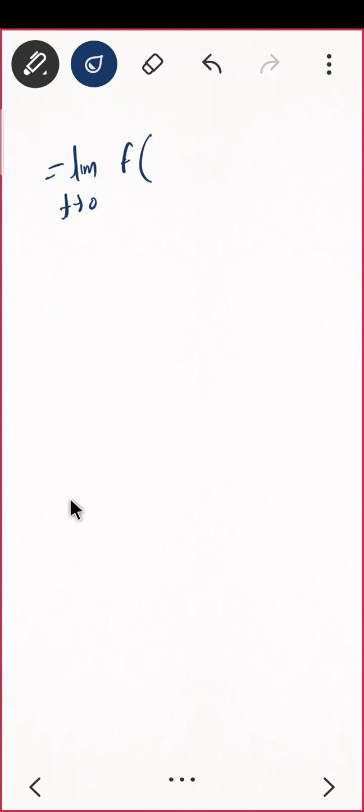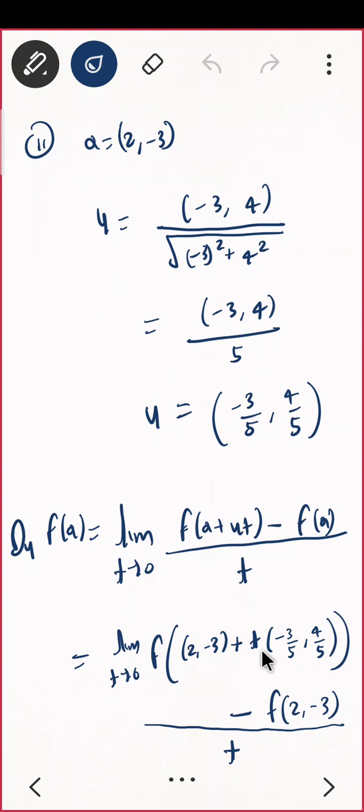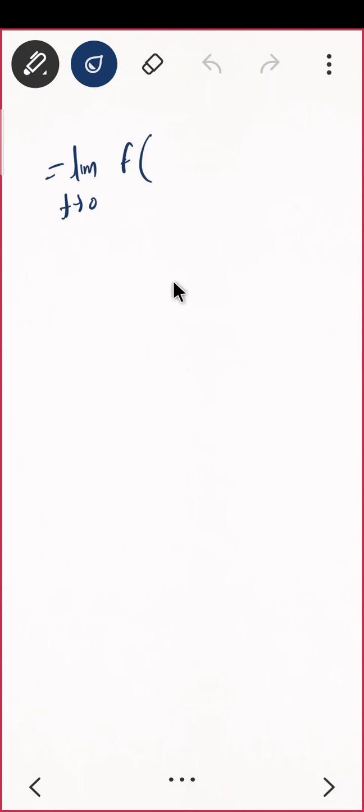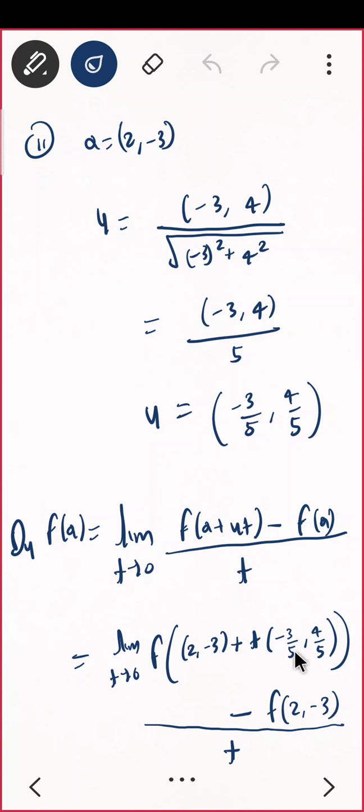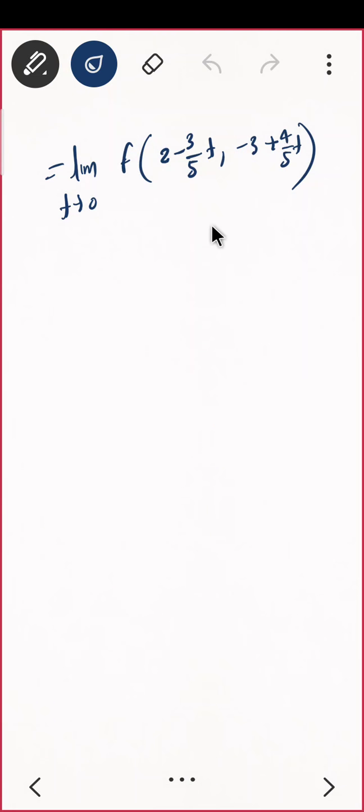This will be f of 2 minus 3t upon 5. Sorry, there is no subtraction here, there is no t in it. So it will be just 2 minus 3 upon 5t, comma, the next one will be minus 3 plus 4 upon 5t, let us check, yes, minus 3 plus 4 upon 5t, perfect, and minus f of 2 comma minus 3, all divided by t.